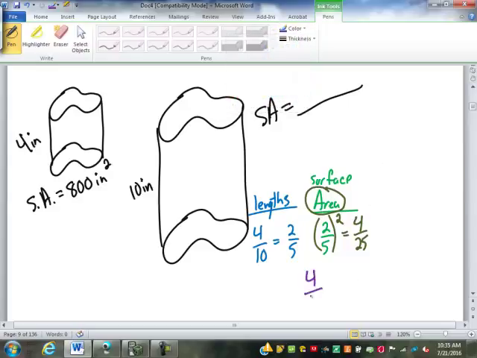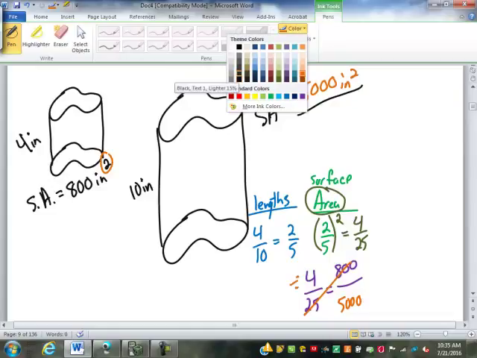So I'm going to use the 4 over 25 along with the 800. Cross multiply and divide to get, what is that, 5,000? This is my surface area. The key is it's inches squared, which means you're going to be squaring the relationship.